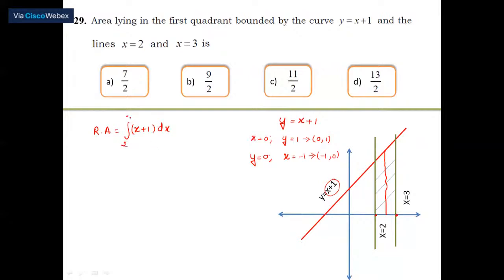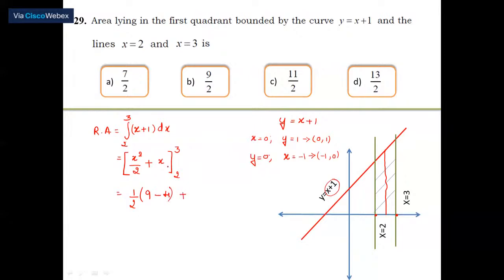Consider that as limits. And integration of our x is x square by 2. Integration of 1 is x between the limits 2 to 3. So let us consider the limits now. For upper limit 3, our x square is 3 square, that is 9. And for lower limit 2, it is 2 square, which is equal to 4.